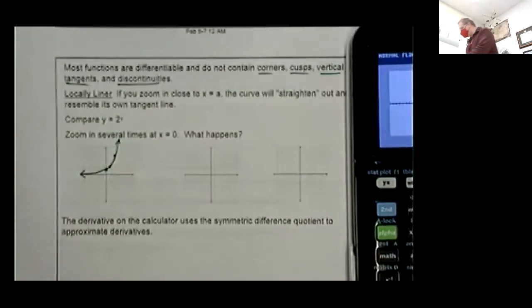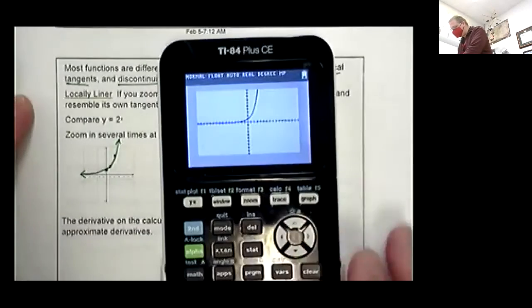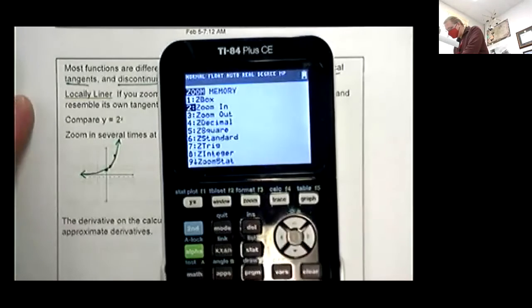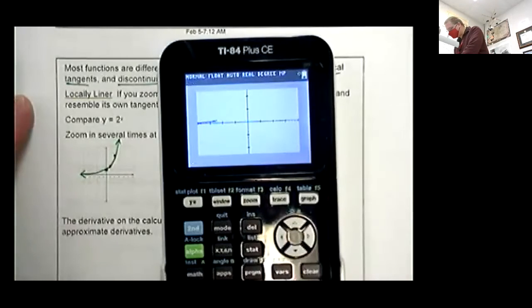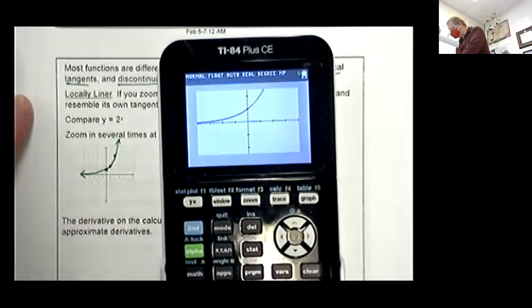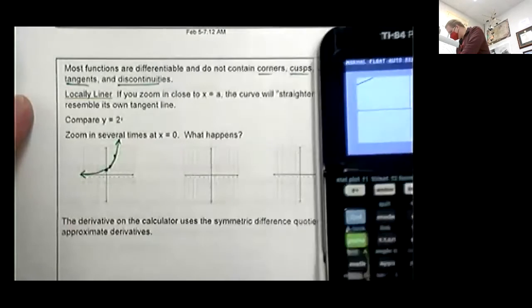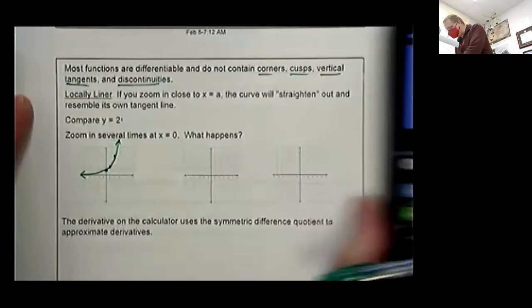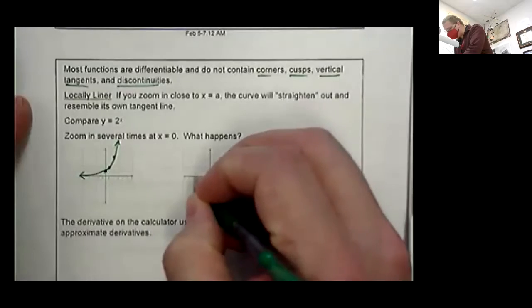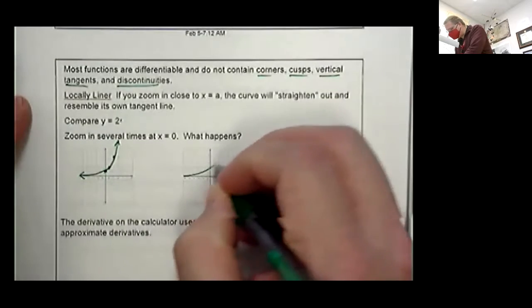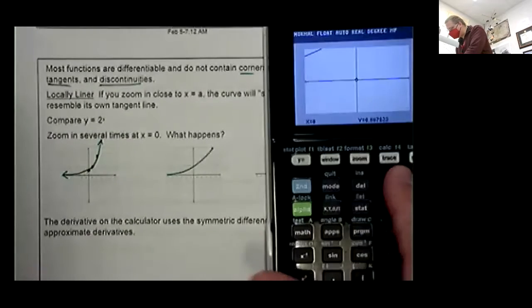If we zoom in several times at x equals 0, we want to see what happens. So zoom in. And I'm going to zoom in again one more time. The idea here is if we keep zooming in, then that curve starts to actually straighten out.